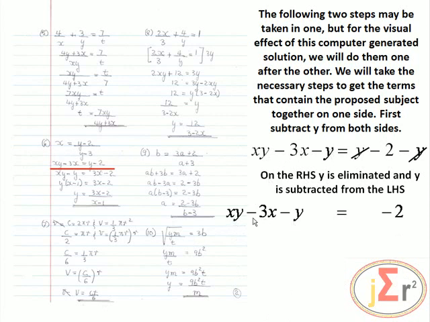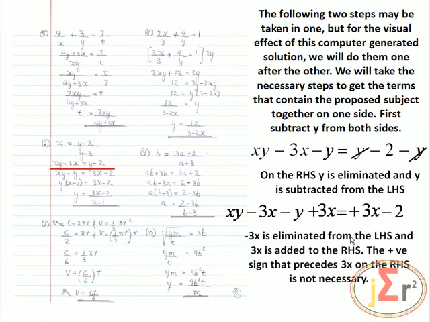So we have the y's together on the left hand side, but everything else should go to the other side. Therefore we need to eliminate this negative 3x from that left hand side. And negative 3x, subtract 3x, the opposite of that, add 3x, and we'll add 3x to the other side.